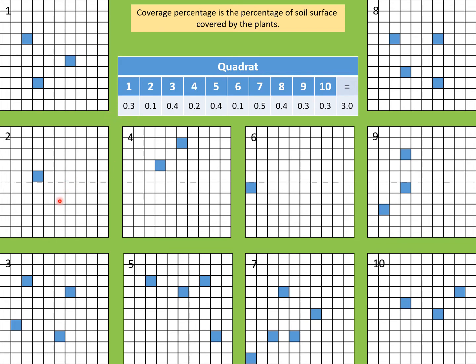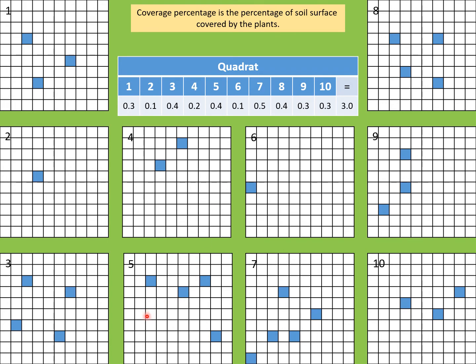Quadrat number 2 only 1, we put 0.1. Quadrat number 3 there are 4 species X over a hundred small squares, so we put 0.4. Quadrat number 4 only 2, so we put 0.2.